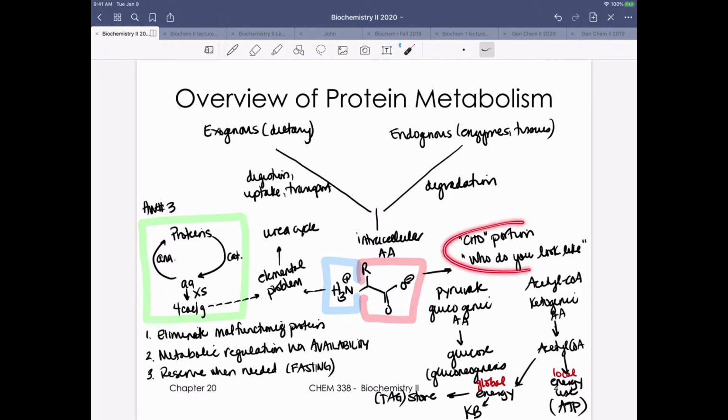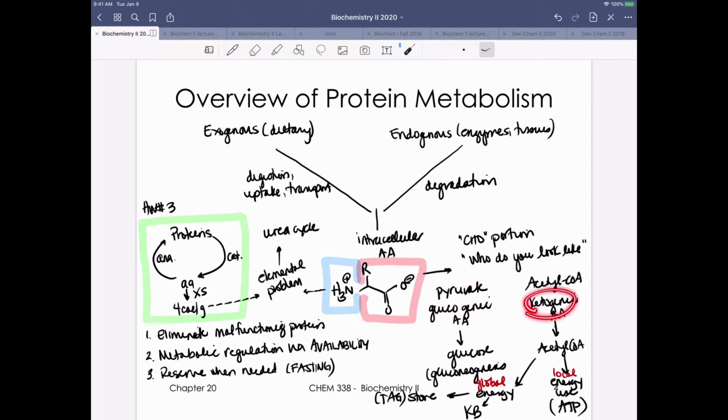This carbohydrate portion serves its secondary function based on who it looks like. We'll spend more time in a later learning unit on the concept of glucogenic versus ketogenic amino acids. Basically, if you are an amino acid that can be converted into pyruvate, you can ultimately be made into glucose, hence glucogenic amino acids, remembering that pyruvate can be made into glucose via gluconeogenesis.